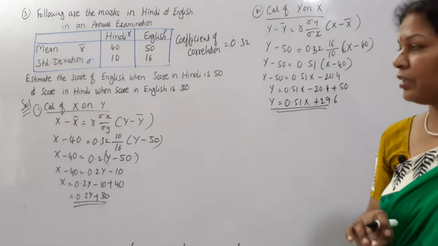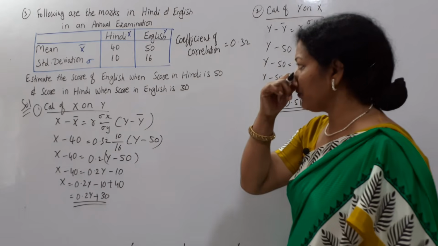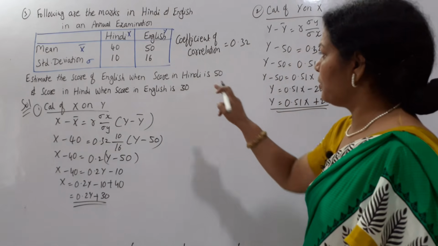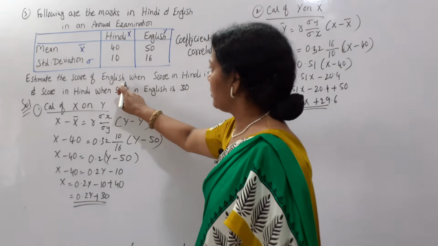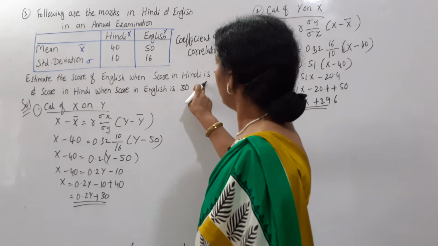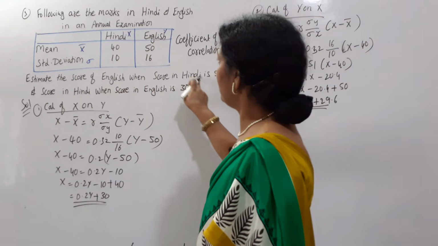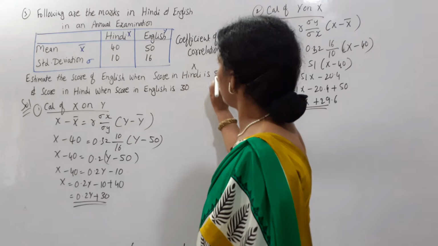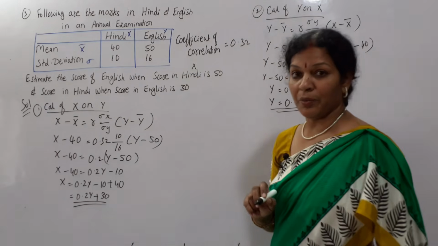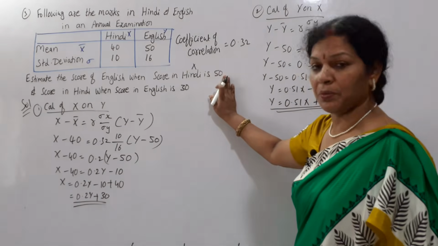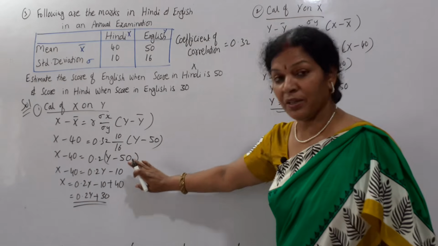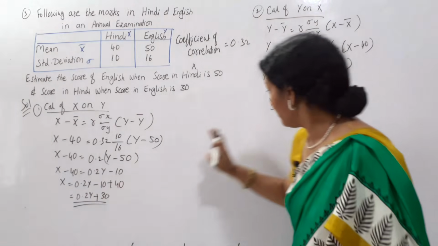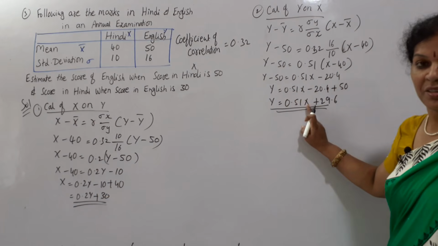Now the first calculation: estimate the score of English when score in Hindi is 50. Hindi means that is x, when x is 50. Calculate the value of y. X value is given as 50, so in which formula can we apply it? Here y is there, but here x is there.